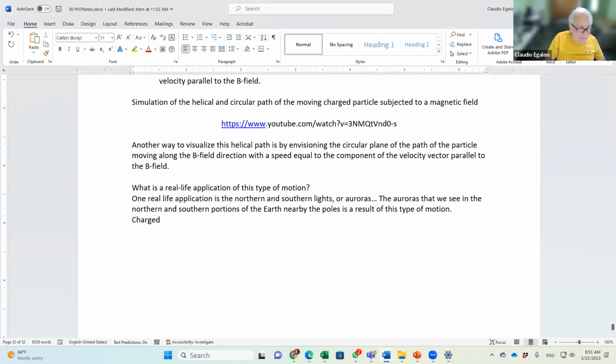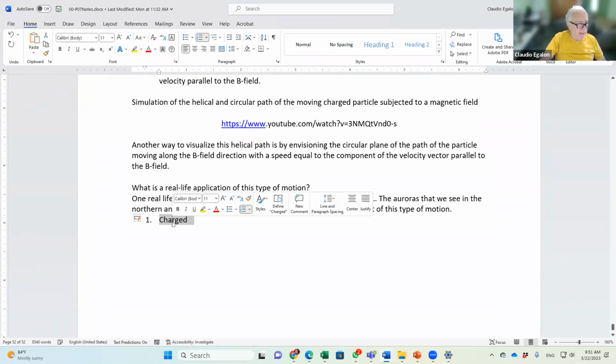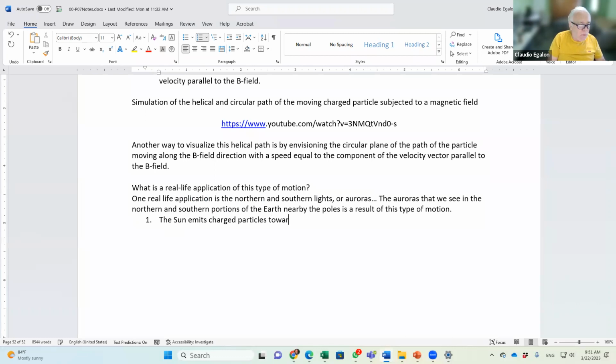So the step by step is like that. The sun emits charged particles towards space, the so-called solar wind.